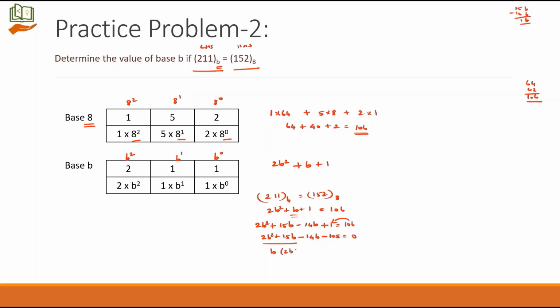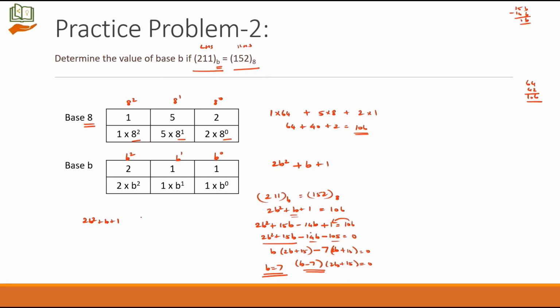Now just take b outside from this. This is b into 2b plus 15. This is 7 into 2 and this is 7 into 15. So let me take 7 from this, and this is again 2b plus 15, which is equal to 0. This equation can be solved like this. From here I can conclude b is equal to 7. Now just substitute in 2b square plus b plus 1.